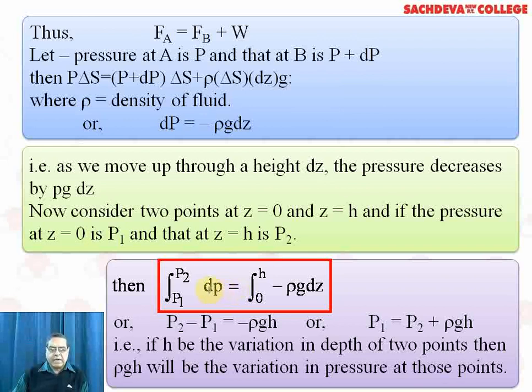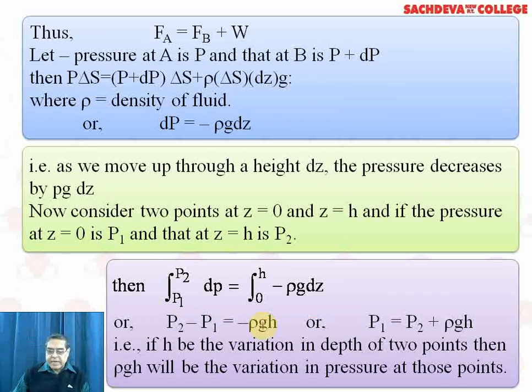First we put the higher limit, then we put the lower limit. So it will become P2 minus P1. But towards the right side, it is written integrate from 0 to h of minus rho g dz. This I have explained earlier. We have to integrate to get the complete pressure.